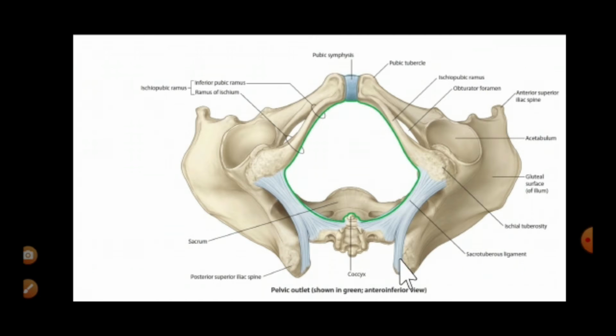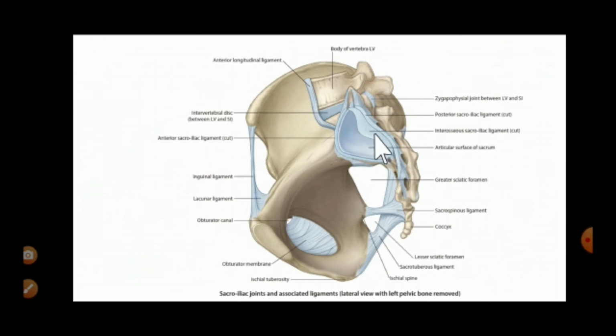Now we are seeing the pelvis from the inferior aspect. Here is the posterior superior iliac spine, and here is the ischial tuberosity. We have this ligament here, which is shown. This is the sacrotuberous ligament.